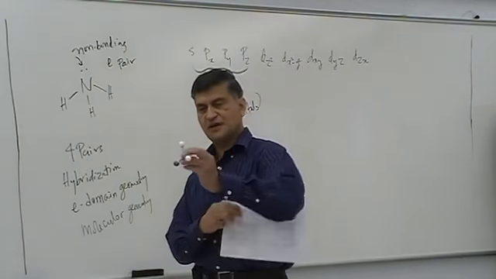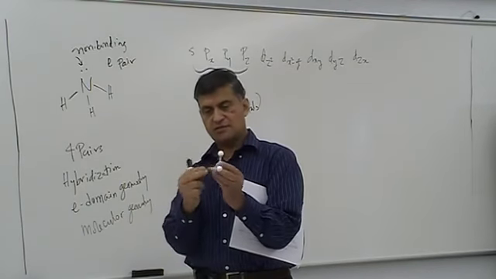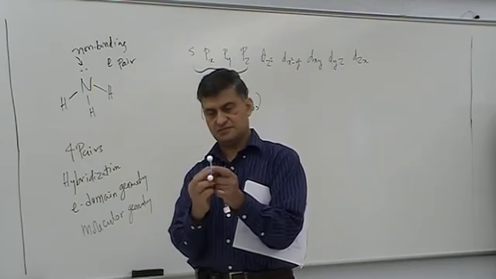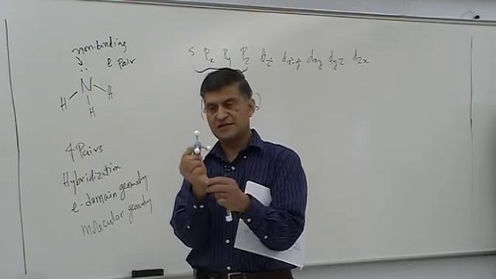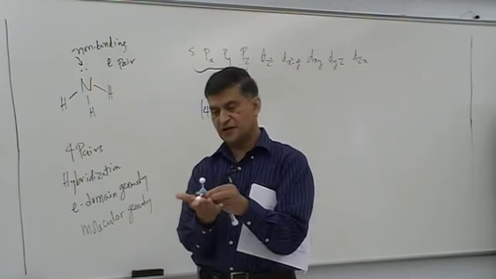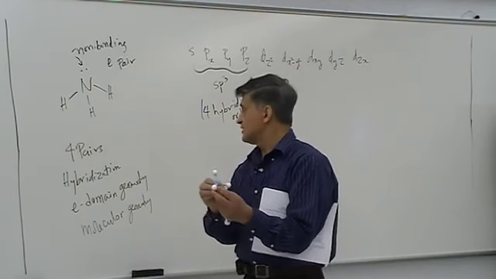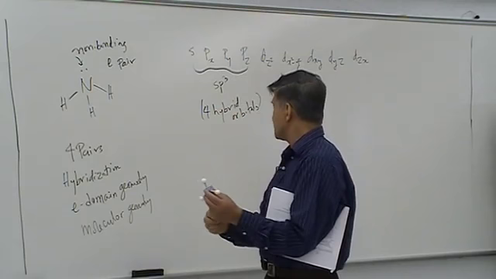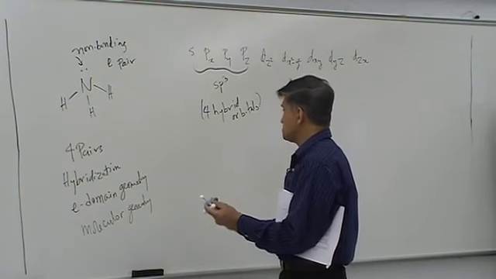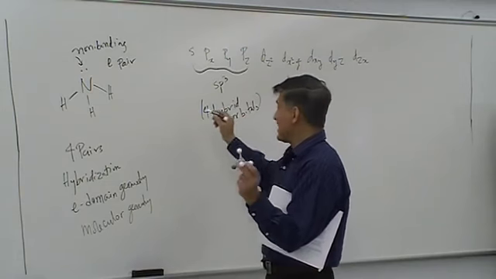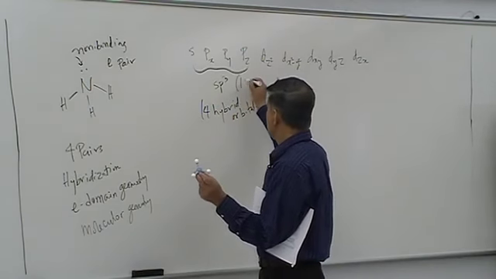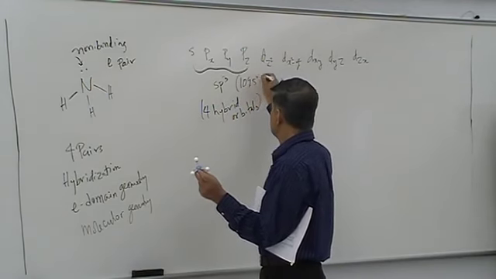There will be 4 pairs of electrons at the corners of a tetrahedral structure, and this angle is 109.5. It's not 90 degrees. It doesn't sit on a plane. It's a three-dimensional structure. So keep that in mind. sp3 hybridization you expect for 4 pairs of electrons, and the angle that we expect is 109.5 degrees.